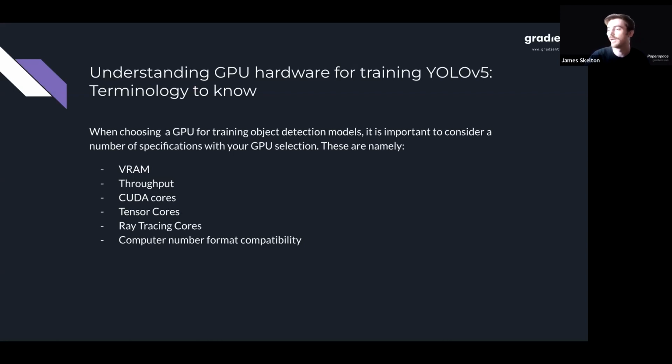Tensor cores, these are the technology that enable mixed precision computing and dynamically adapting calculations to accelerate throughput while preserving accuracy. Ray tracing cores, or RT cores, are accelerator units that are dedicated to performing ray tracing operations. And computer number format compatibility, which is the internal representation of numeric values in a digital device, is hardware or software.